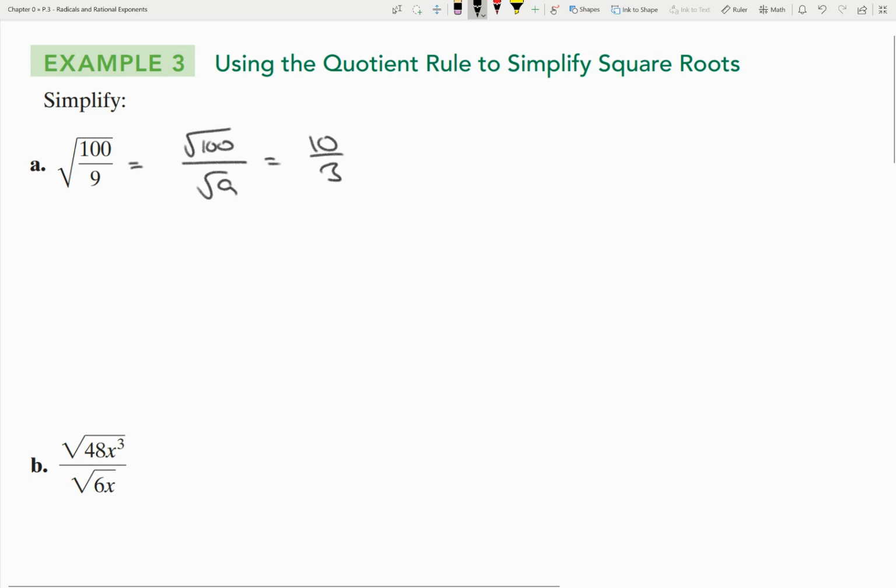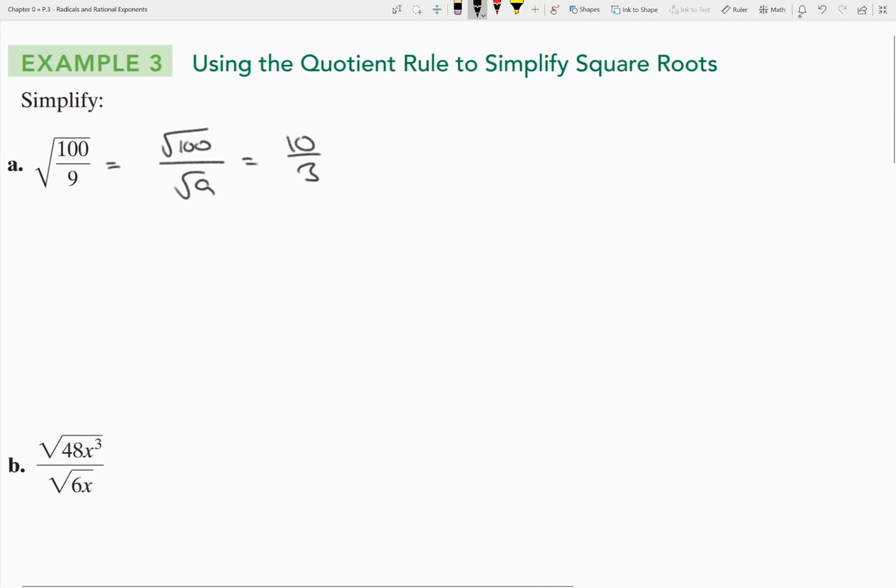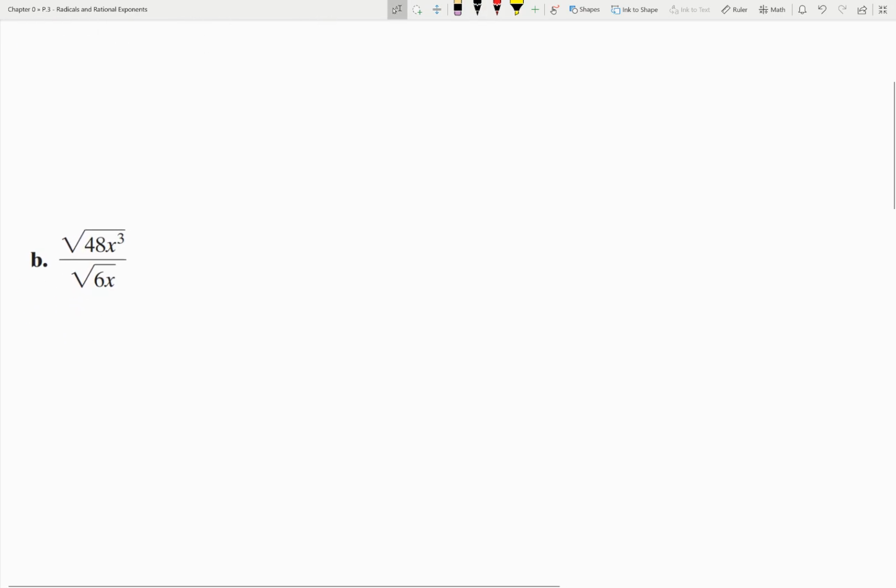As opposed to the next part, which I would put both of these together in order to simplify them. Okay, so 48 over 6 simplifies into 8, and x to the third over x simplifies into x squared.